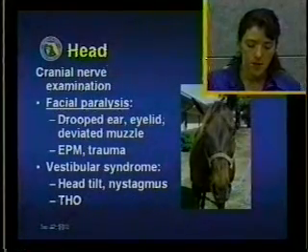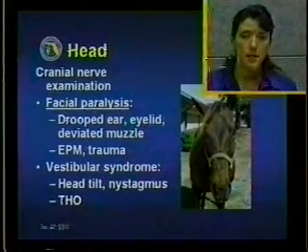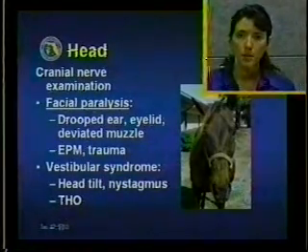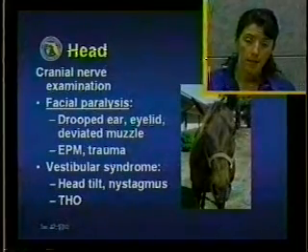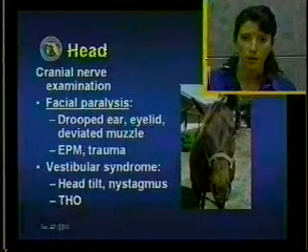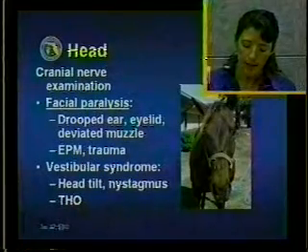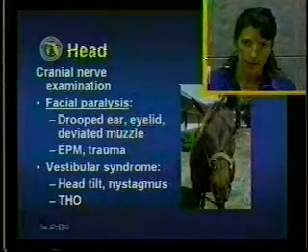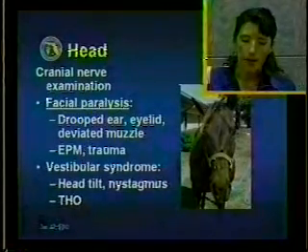When you look at the head, it's also important to perform a careful examination of the cranial nerves, and some of the most common defects that we will notice will involve cranial nerves 7 and 8. So facial paralysis is a disturbance of the function of the facial nerve, which is cranial nerve 7, and the signs associated with it will be a drooped ear, eyelid, and a muzzle deviated away from the site of the lesion.